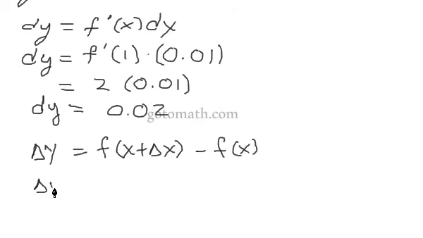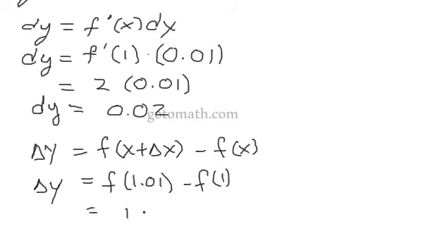So delta y is equal to f of 1.01. Right, we are at 1 and we're adding the delta x, which is the 0.01, minus the f of 1. And of course, when you do the math on this, we're just plugging this into the function here, 1.01 squared.